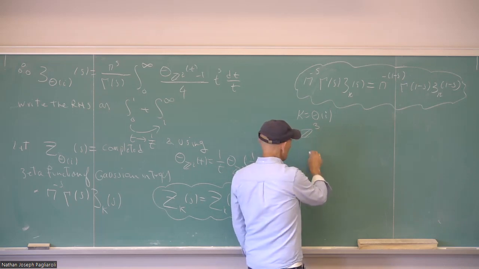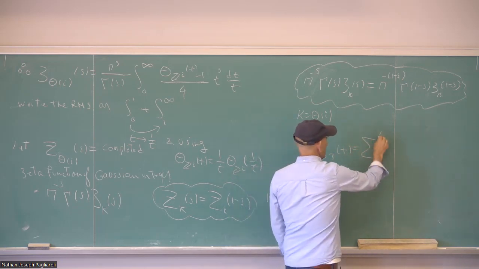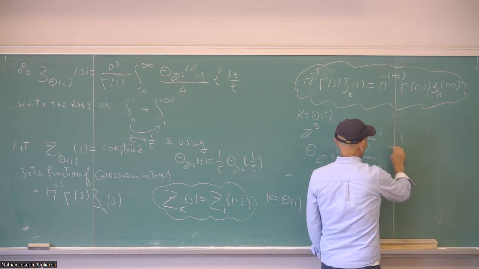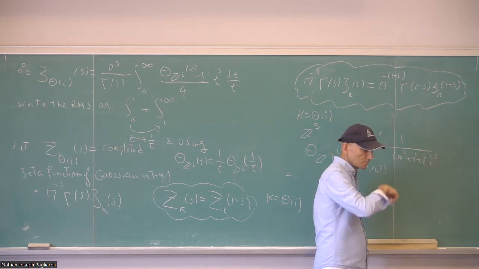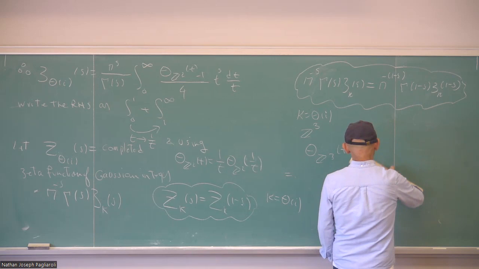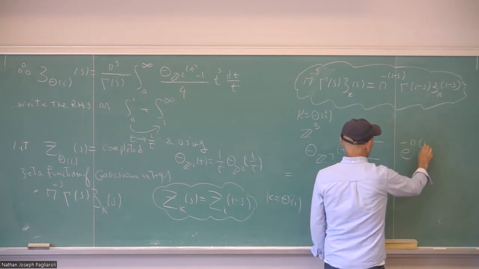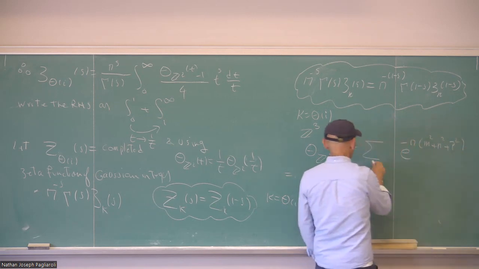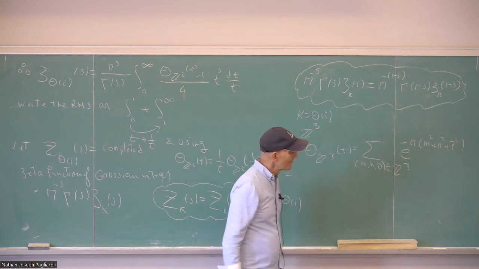Let's look at this theta function: the sum over m, n, p in Z^3 of exponential of minus pi times (m squared plus n squared plus p squared) times t.